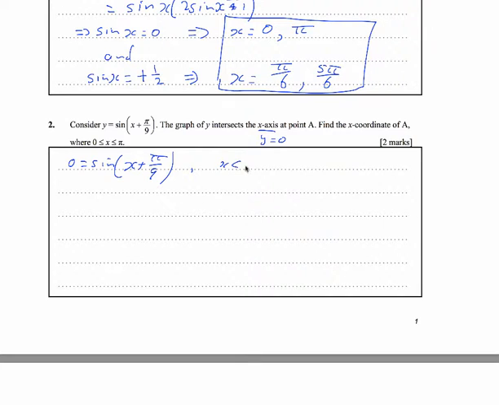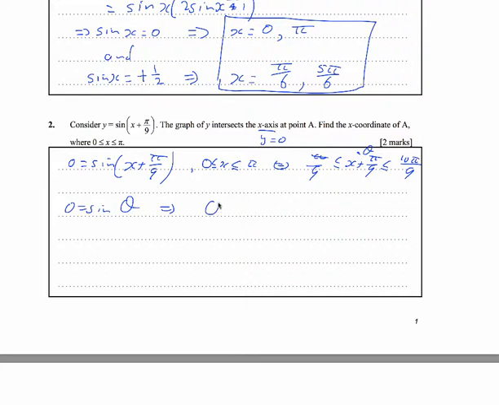If x lies between 0 and pi, then x plus pi by 9 lies between pi by 9 and pi plus pi by 9, that's 10 pi over 9. Okay, so I can call this theta. So 0 is sine theta.